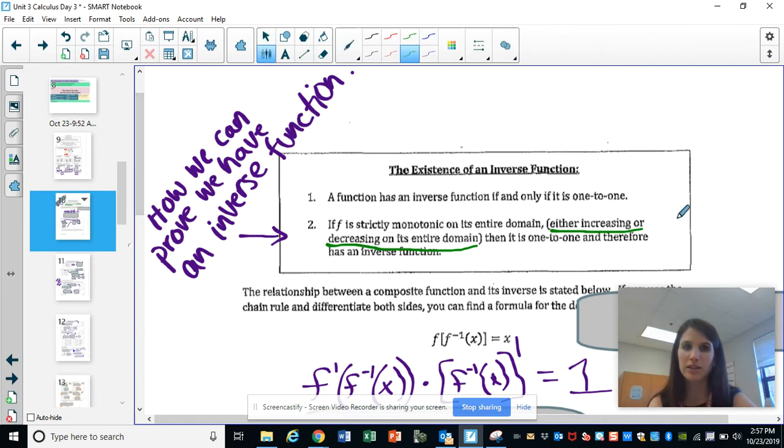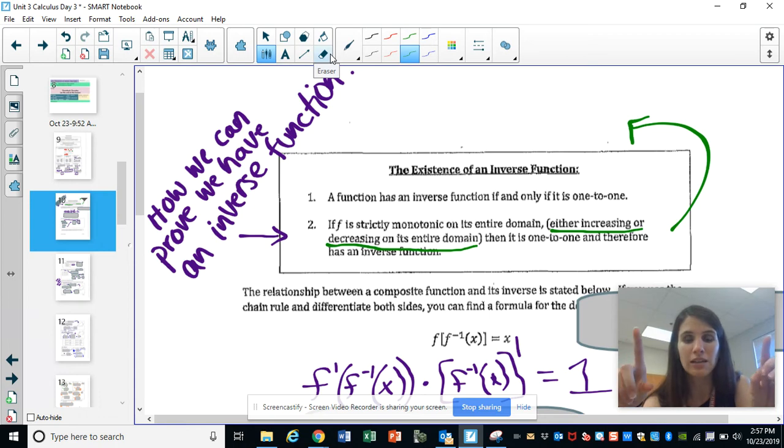Well, let's actually write this up here. This is going to be super important to have. Okay, so what does that mean? That means that if it's either increasing or decreasing, then the slope is either positive or negative on the entire domain. And how is slope important to us for calculus? Well, because it's all about the derivative. So I'm going to type this in here.